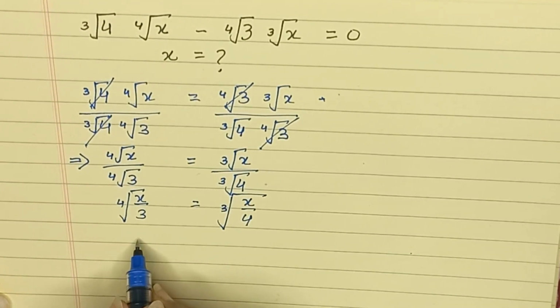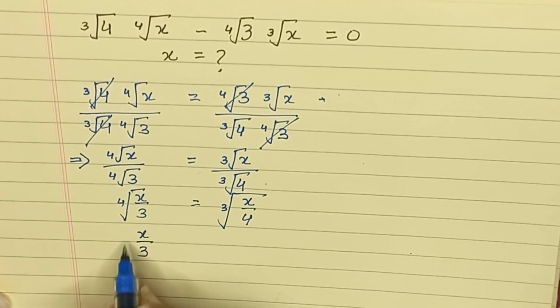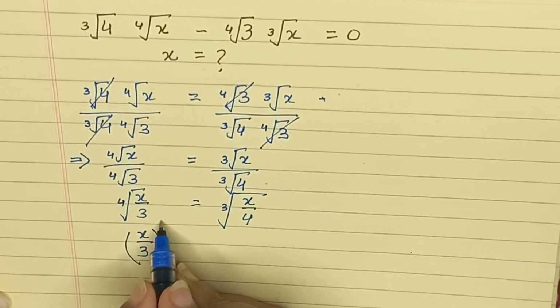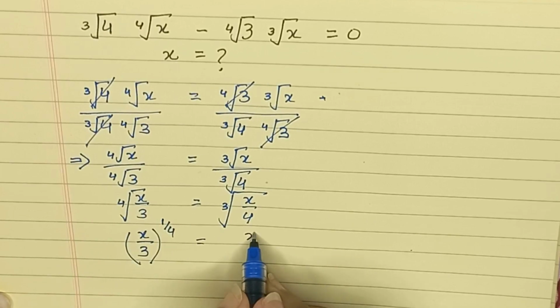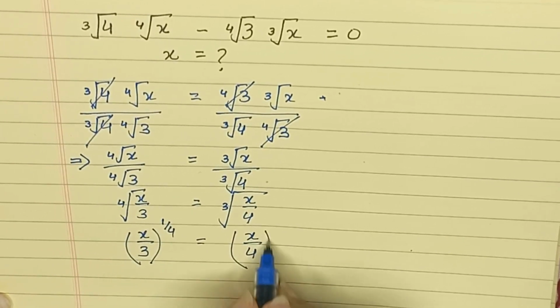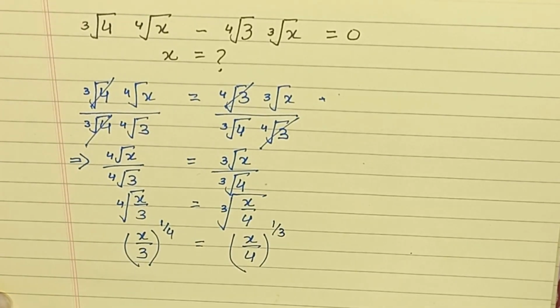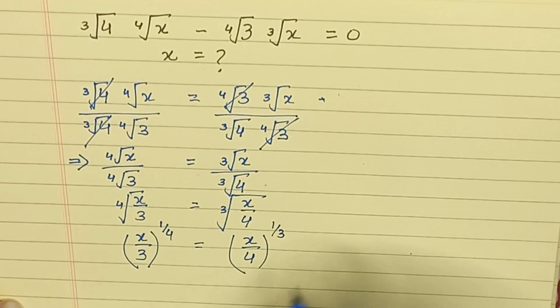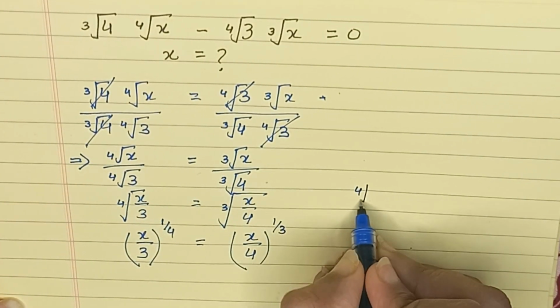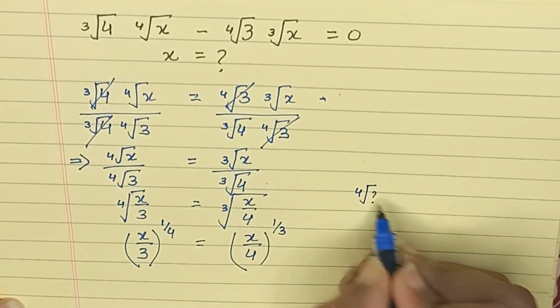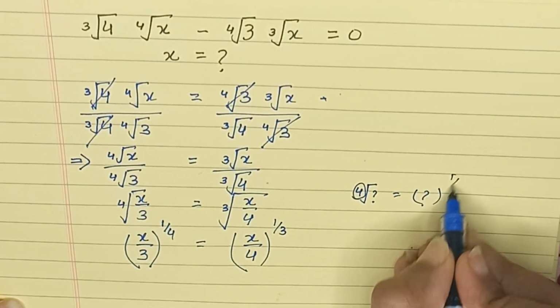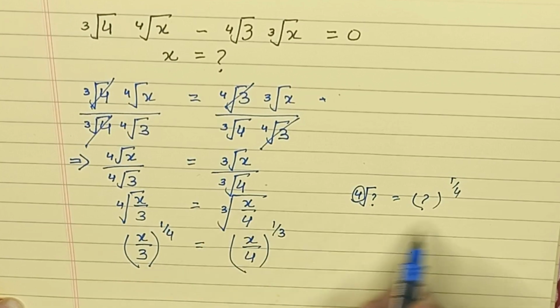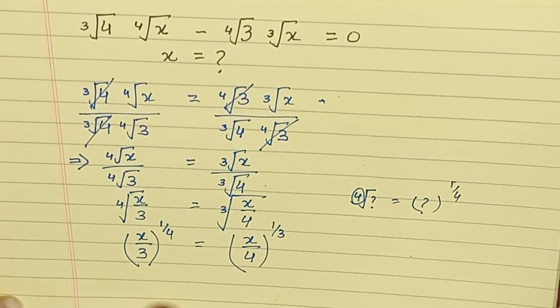Now we can also write it as x divided by 3 to the power 1 by 4 equal to x divided by 4 to the power 1 by 3, because the fourth root of any number is equal to power 1 by 4. Similarly, if cube root, then power 1 by 3.